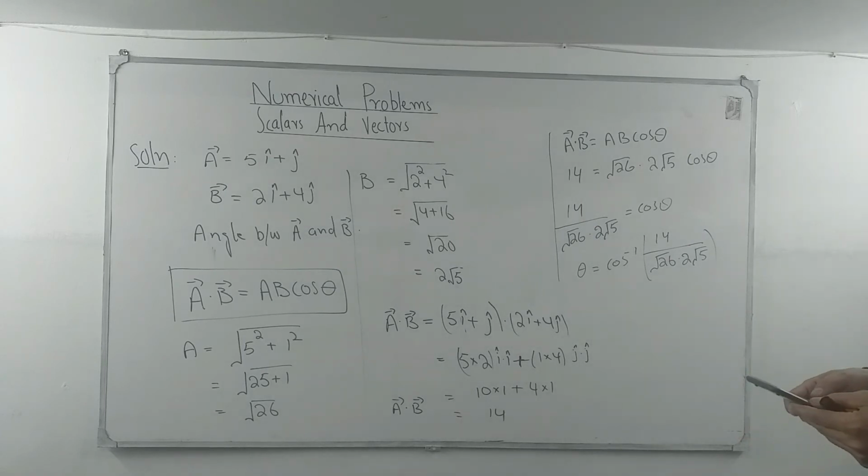Cos inverse 14 upon under root 26 multiplied by 2 under root 5.